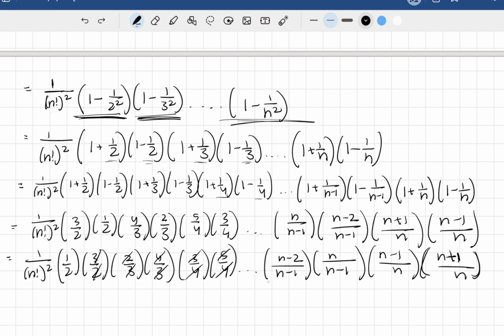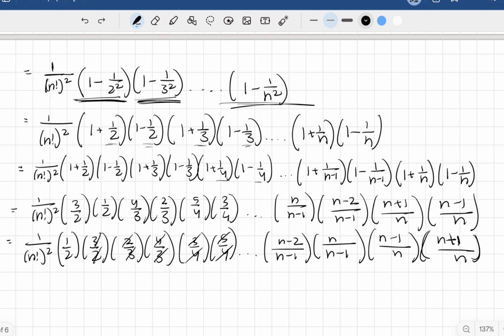Now let's see what will be left in the last few terms. That's why I wrote n minus 1 and n minus 1. I did not just take the last term. I took the second to last term as well so we can see what things cancel out much easier. That's a trick you should always do when solving these problems. Don't just write the last term. Always write maybe the second to last or even the third to the last if you want to be sure which terms are actually canceling.